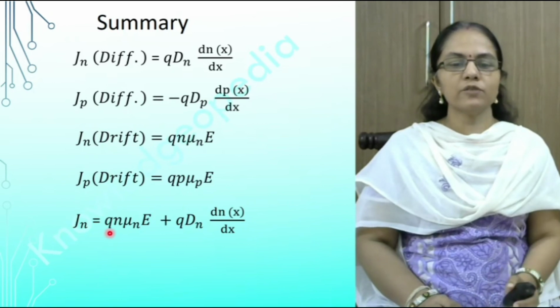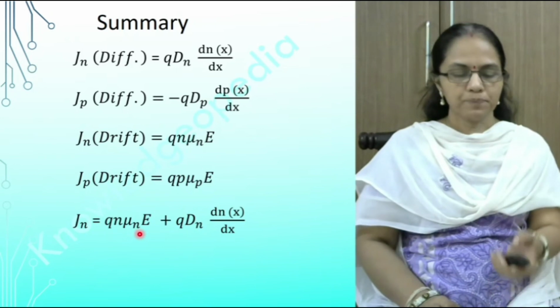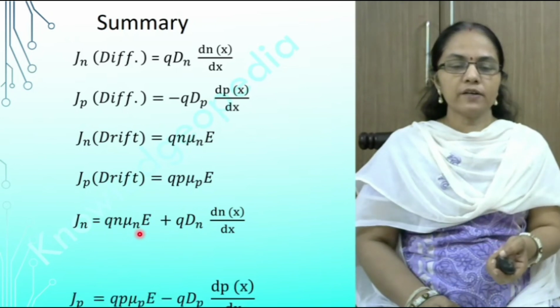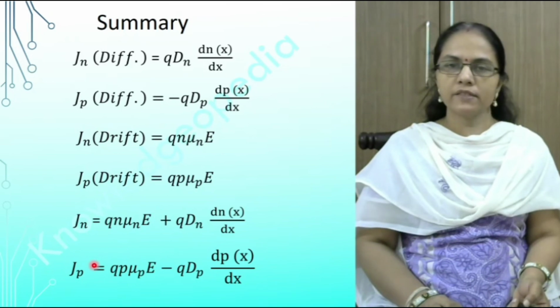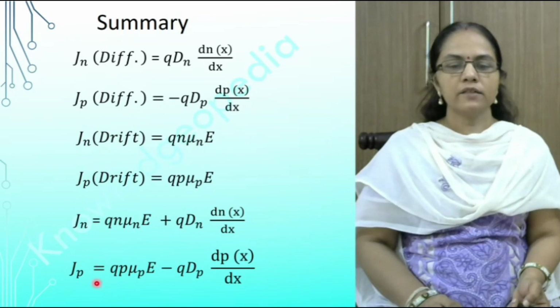So Jn is equal to Q n mu n E plus Q Dn dn by dx. The second term is due to diffusion and the first one is due to drift. Similarly, for holes, the total current density is the sum of the drift current and the diffusion current.